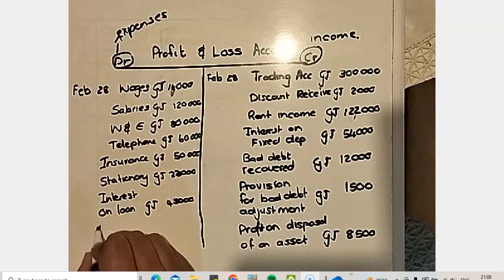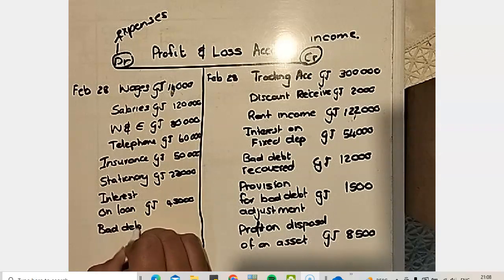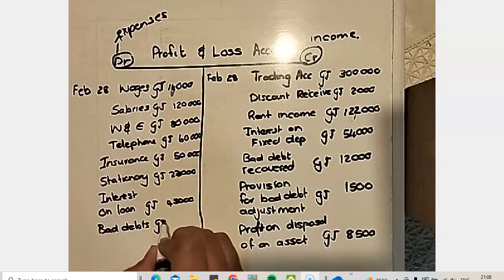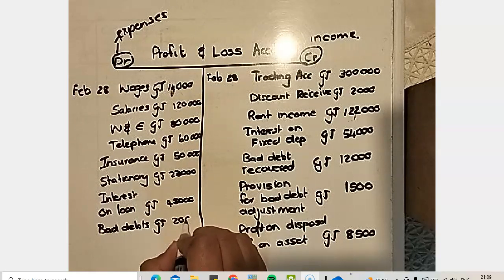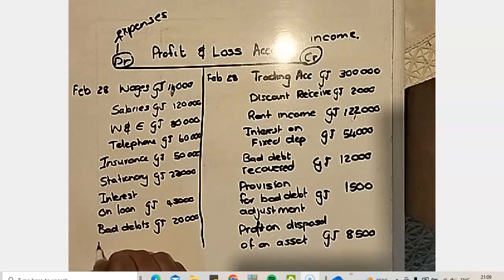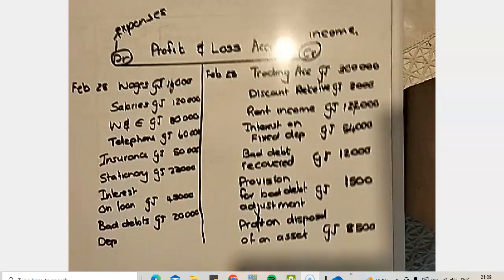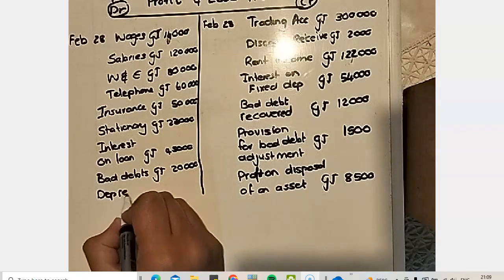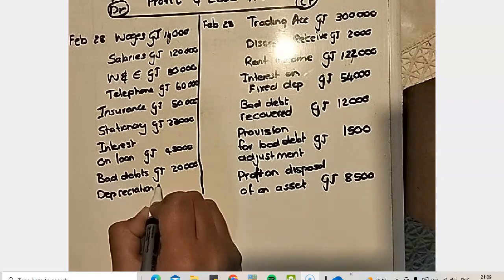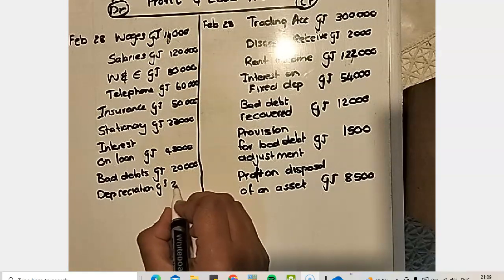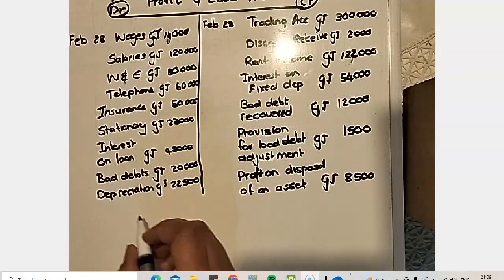You've got bad debts as 20,000. You've got depreciation as 22,500.